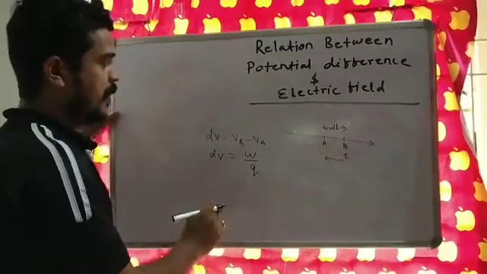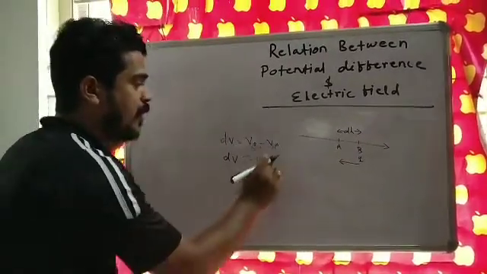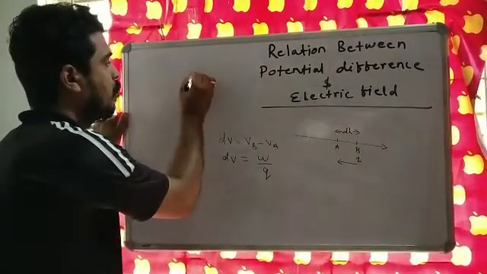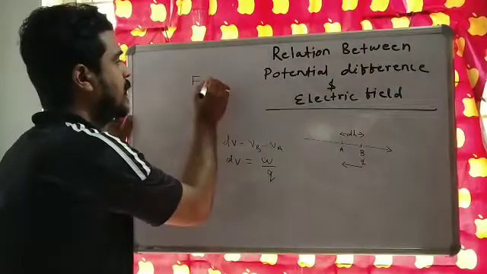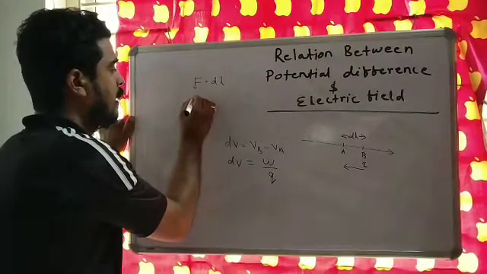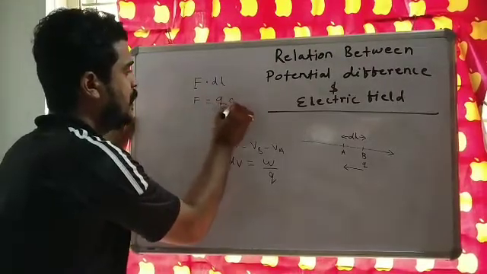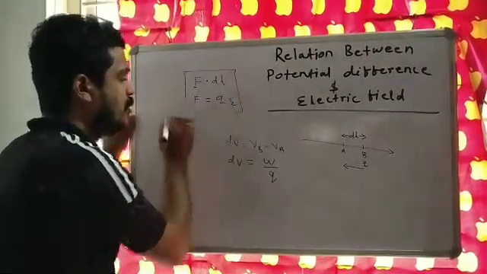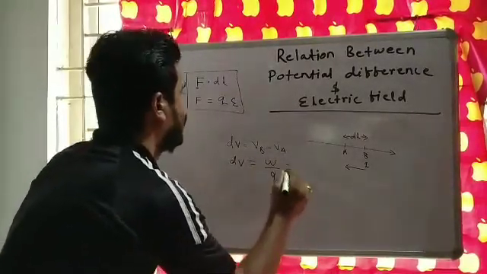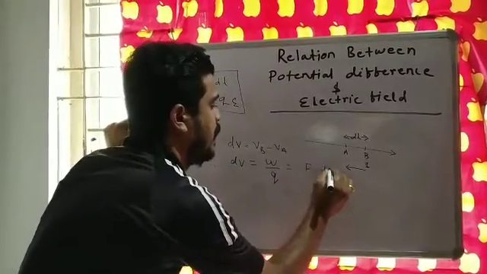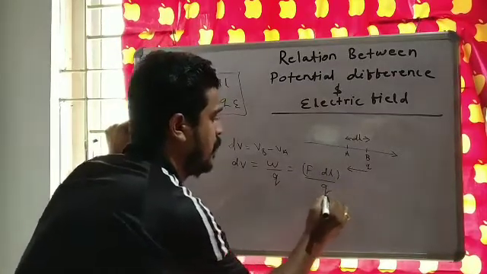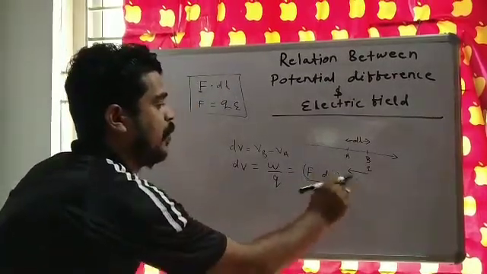So I will calculate the amount of work done. The work done is force into displacement dl, F dl, and F equals Q into E. So I put dV equal to W, and in place of W I put F dot dl, upon Q. F dot dl means F dl cos theta.